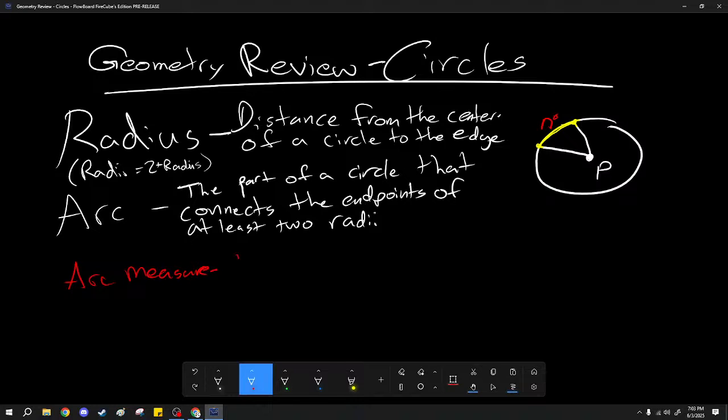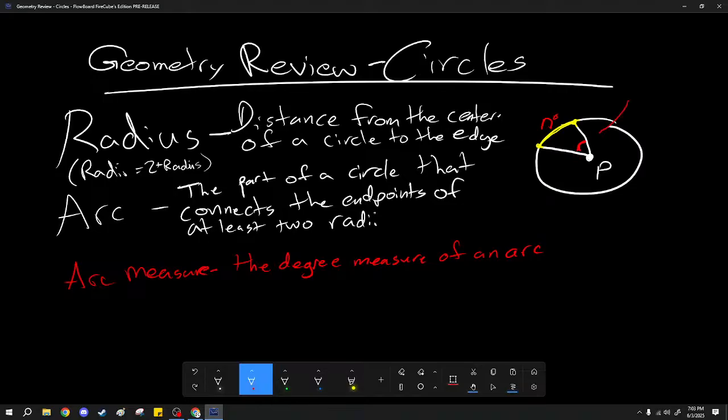Arc measure is the degree measure of an arc. So what does that mean? So usually when we look at degrees, we're either talking about temperature, which we're not, or angles. And right here at the center of the circle, we have an angle that's created by the two radii.